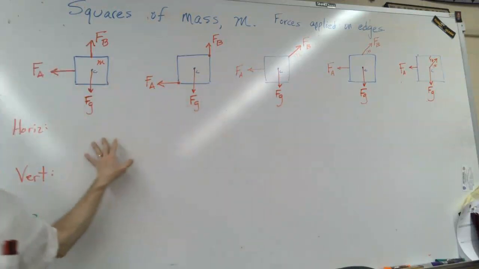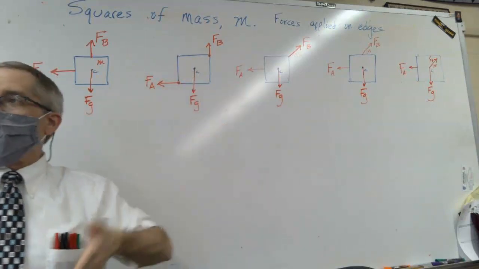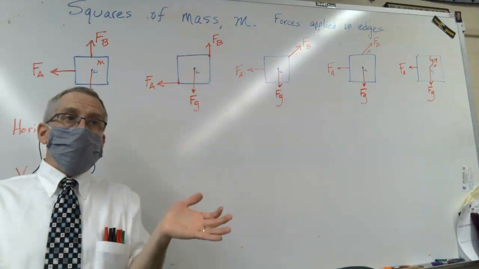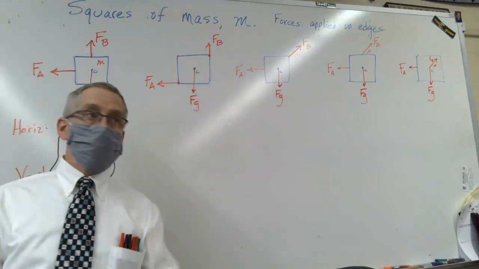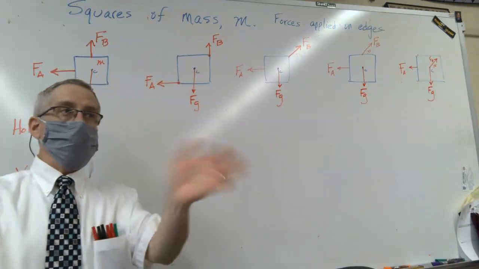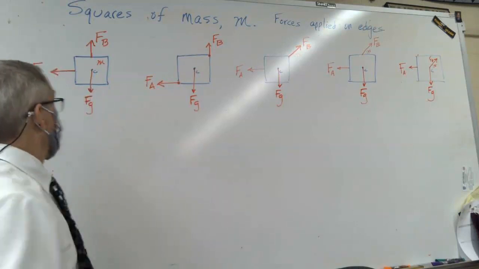On this one only, it's obvious. But I don't know which of these is bigger or smaller, so I'm going to go back to what I'm used to with math and call up positive. When I'm all done, I could get a negative acceleration, which just means, guess you were wrong. That's okay. A lot of times you don't know going into the problem what's going to happen. That's why you're doing the problem.